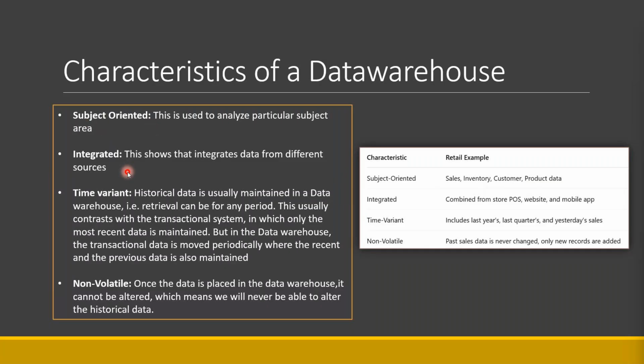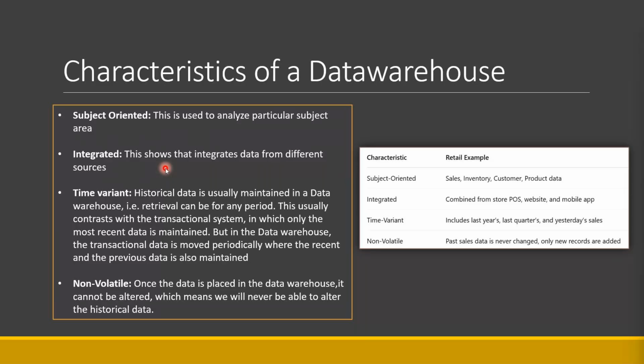When we say it is integrated, let's say we have data coming from multiple sources. As a customer, let's say I am purchasing one product from Amazon. I can purchase it either from the Amazon mobile app or from the Amazon website. So there are multiple options available for me to purchase, and the way a user purchases depends on the user's preference, right?